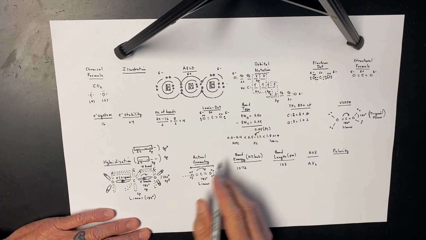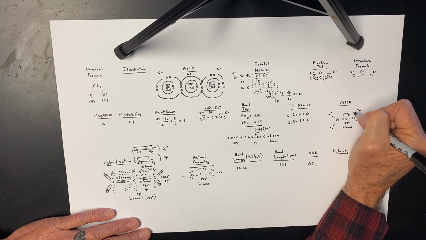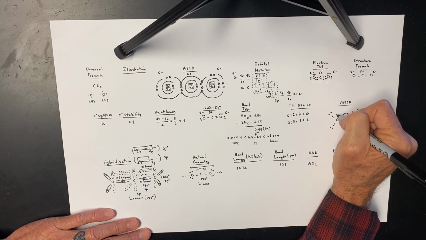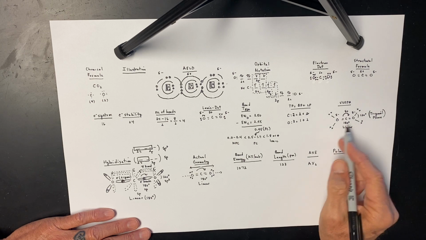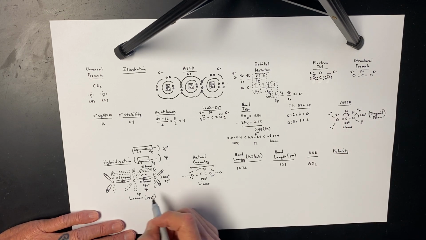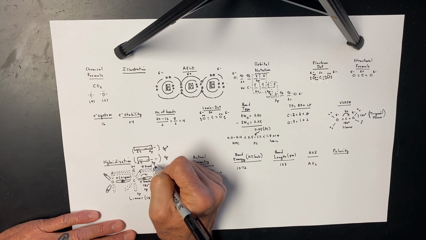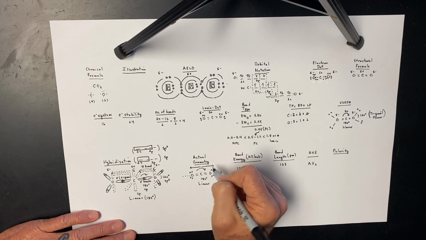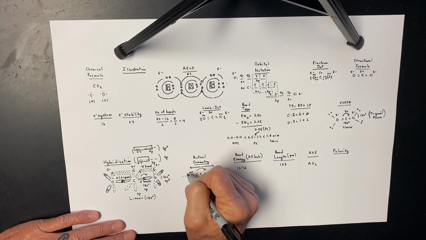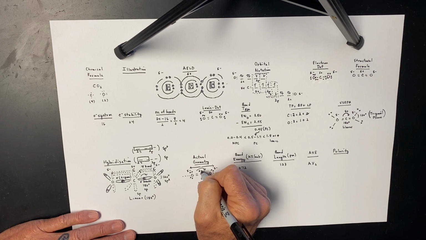And by the way, in these future diagrams, I needed to represent the charges on each of these, right? The oxygens are negative, the carbon is positive. We should try to do that here. The carbon's positive, the oxygens are slightly negative. Same thing here, the oxygens are slightly negative. The carbon is slightly positive.